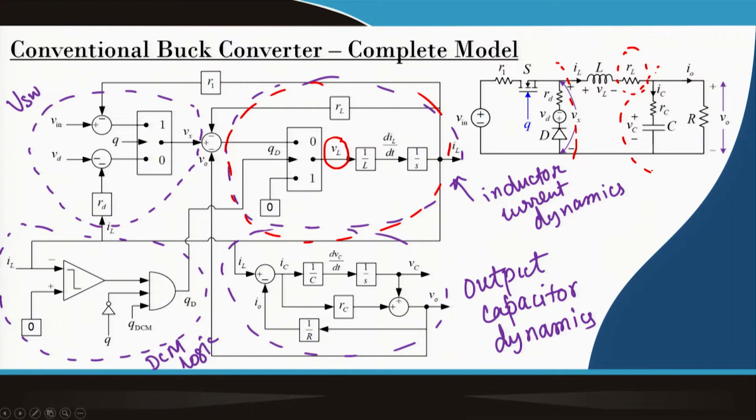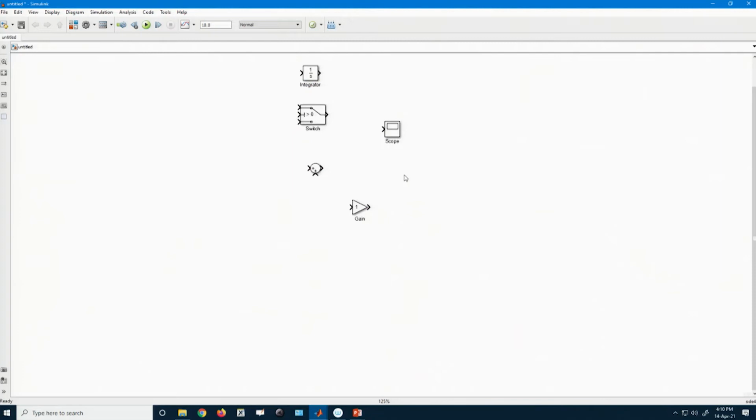So, VL is equal to Vx minus RL IL minus V0. That is my VL.